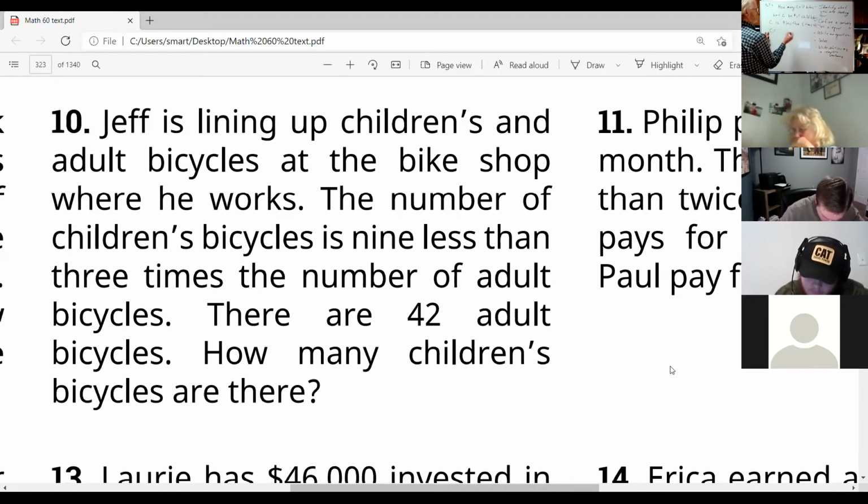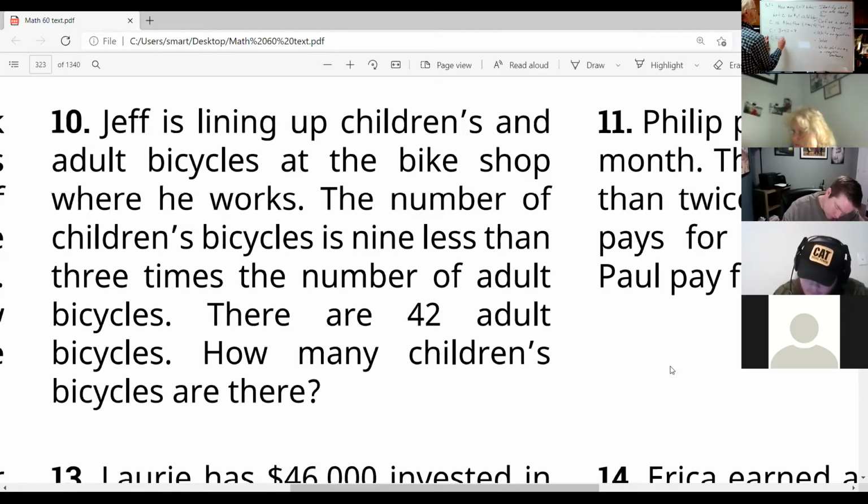C equals, well, all right, 9 less than. This is a subtraction problem, but the 9 is subtracted from the other quantity. So it actually has to be the other thing minus 9, right? 3 times 42 minus 9. Really not a whole lot of solving to do, you might say, just kind of have to do that calculation. 3 times 42 minus 9.